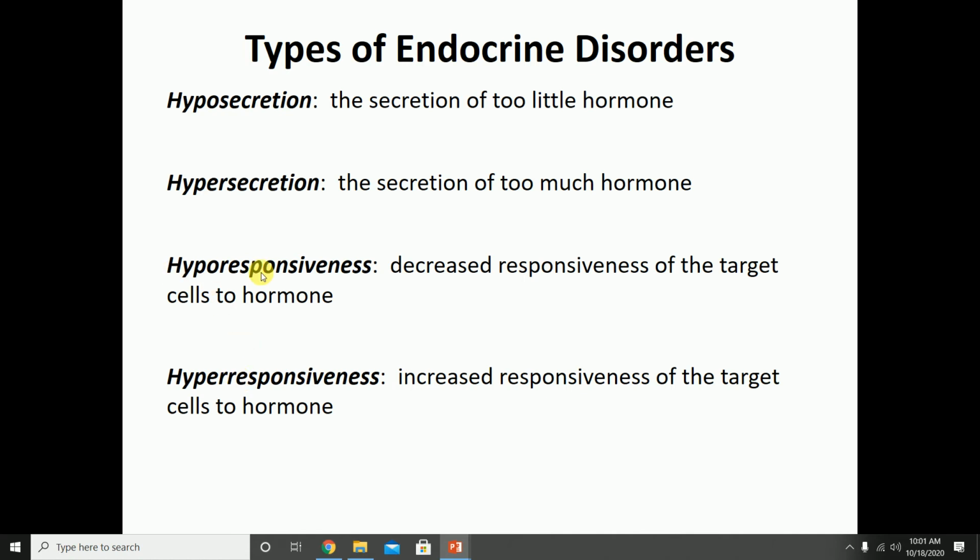Hypo-responsiveness means that there's a decreased response at the target cell level to the hormone. Hyper-responsiveness is the opposite, where there's an increased response at the target cells to these hormones. So again, the level of hormones could be normal. It's just something is going on at the level of the target cell where they're either not responding enough or responding too much.